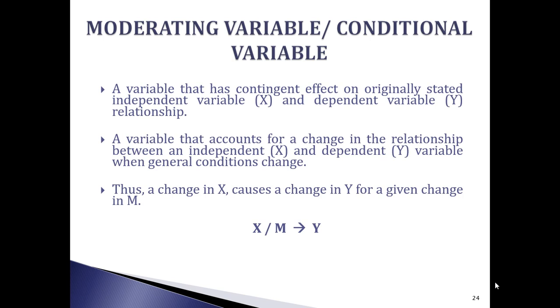A variable that accounts for a change in the relationship between an independent and dependent variable when general conditions change is known as conditional or moderating variable. For example, in x and y relationship, a change in x causes a change in y for a given change in m.